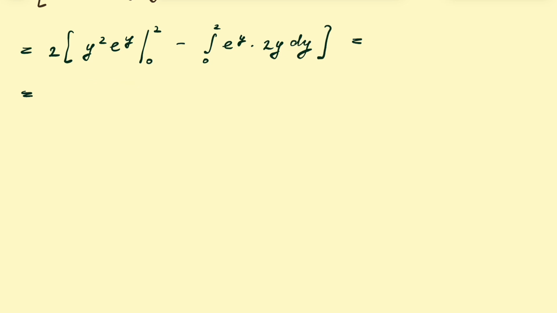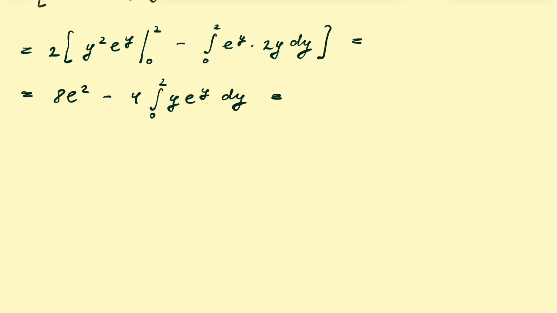So straightforwardly we just write 8 times e squared minus 2 times an integral of, well, now please note that here we also have 2, and we can write this before the integral sign. So it's basically 4 times an integral, right? So it's 4 times an integral from 0 to 2 of y times e to the y dy.